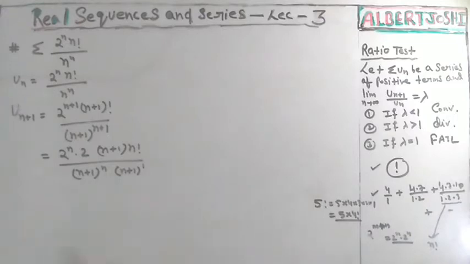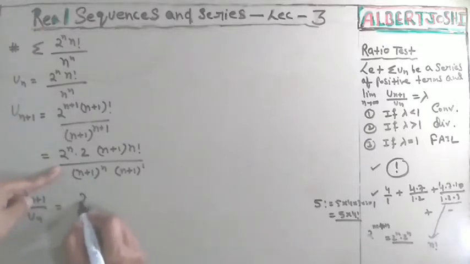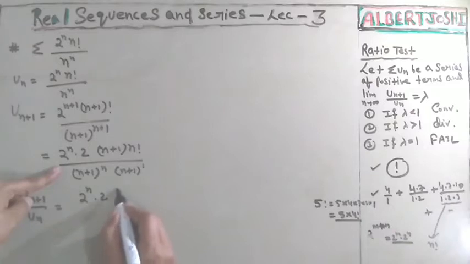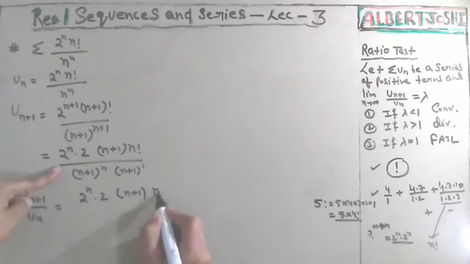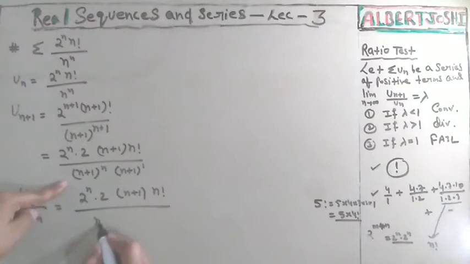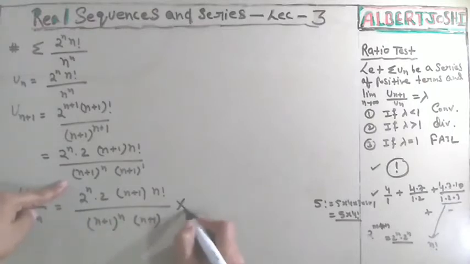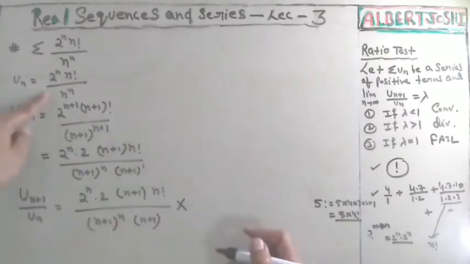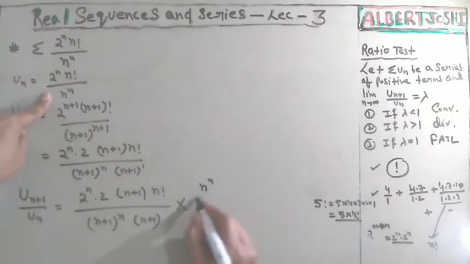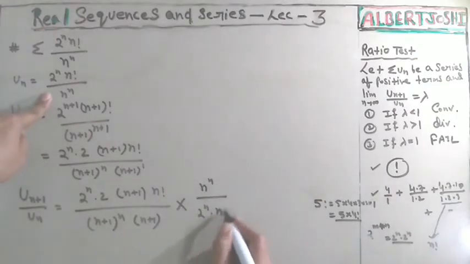Now this is un plus 1, this is un. Now you have to divide both values. So un plus 1 upon un is equal to: un plus 1 is 2 to the power n into 2 into n plus 1 into n factorial upon n plus 1 to the power n into n plus 1, multiplied by un reciprocal, that is n to the power n upon 2 to the power n into n factorial.